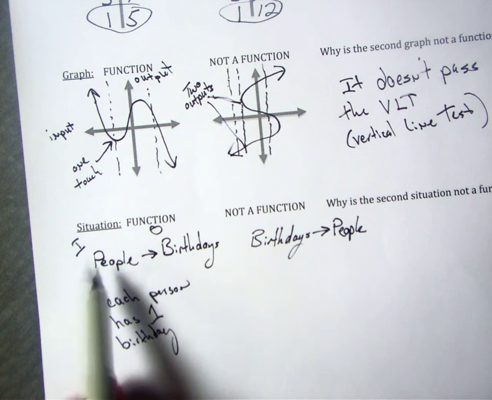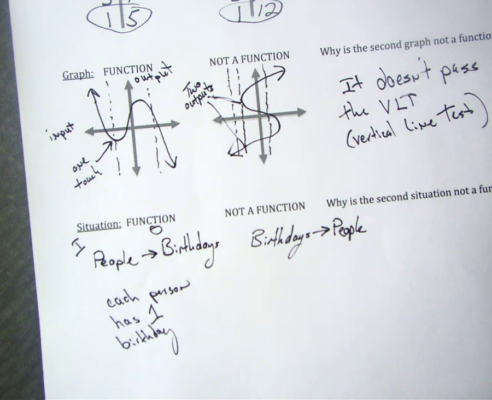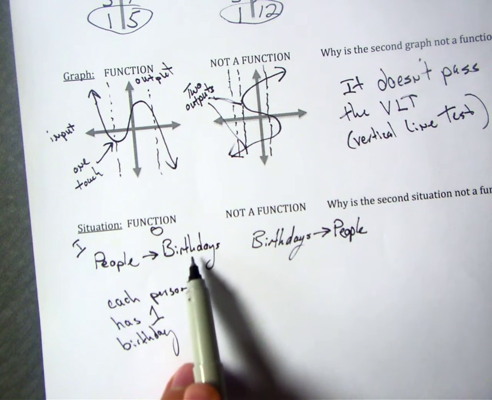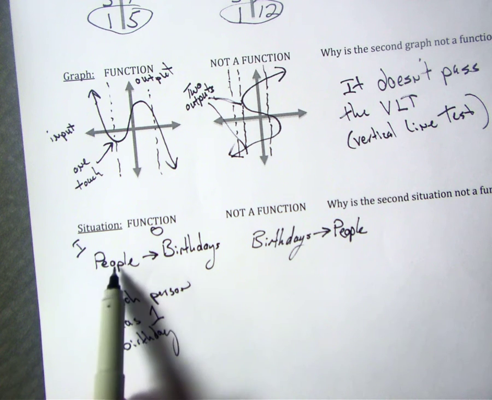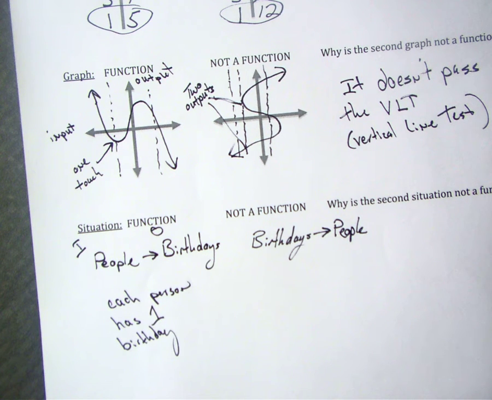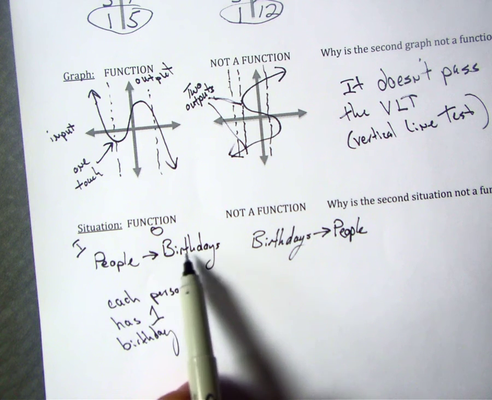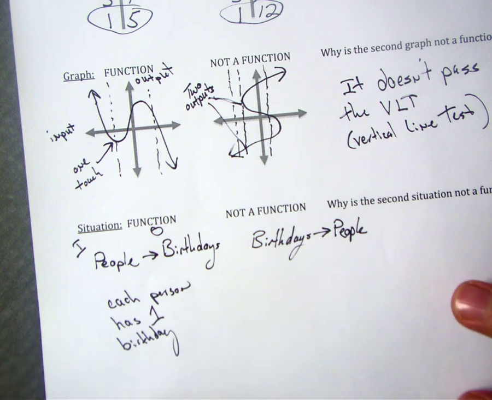For my input of people, so if I input somebody, if I input Barack Obama, Barack Obama has 1 birthday. There's only 1 output. If I were to input George W. Bush, George W. Bush has 1 birthday. If I were to input Mr. Dodge, Mr. Dodge has 1 birthday. So there's only 1 output for each one.